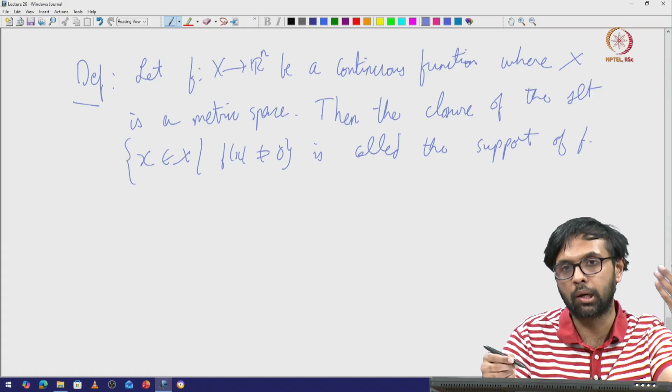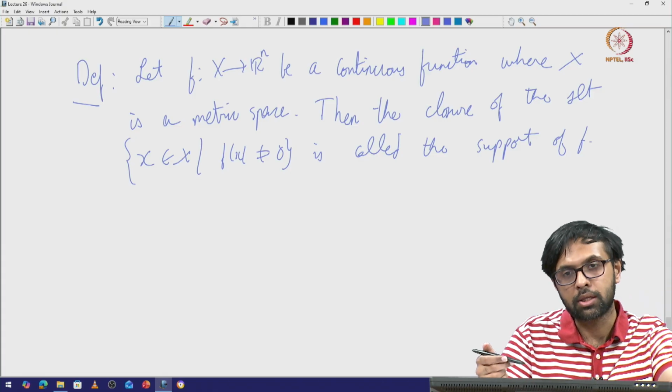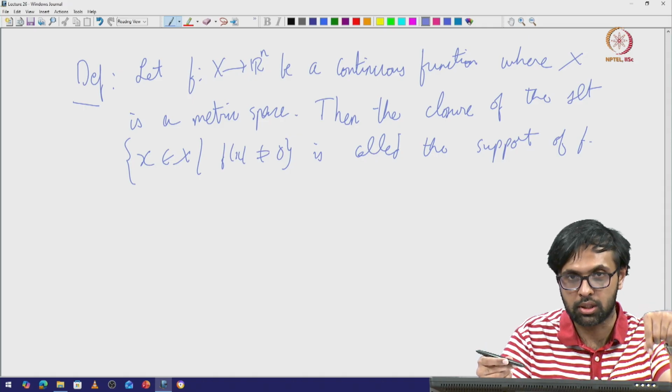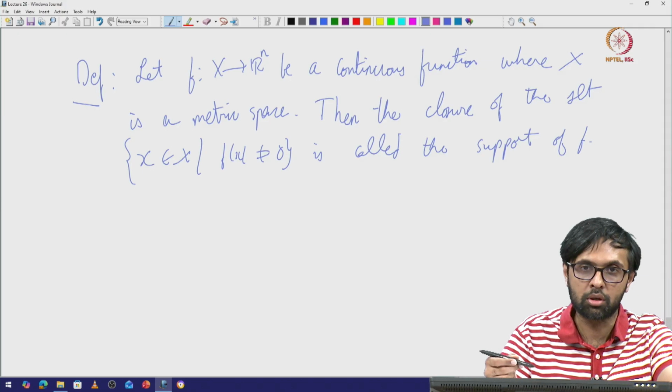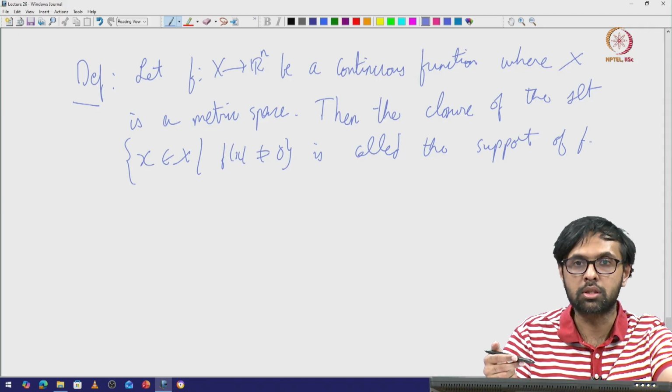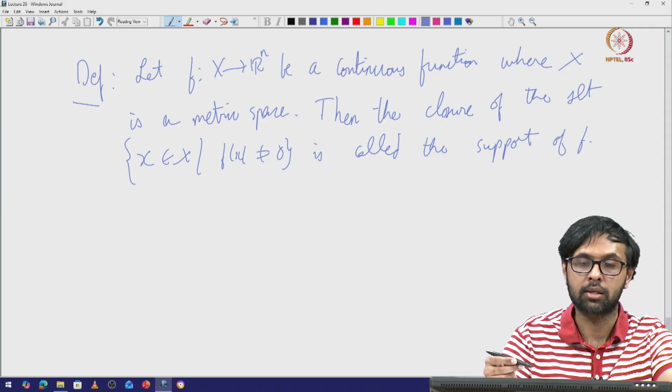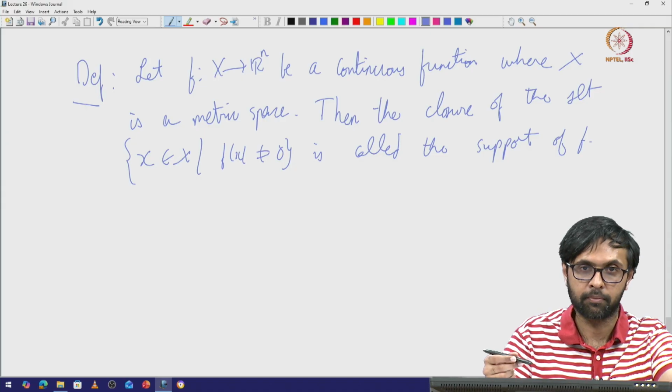So you get a closed set. In particular, outside the support, f is surely 0, right? So a function with compact support is one that is 0 outside of a compact set, okay?